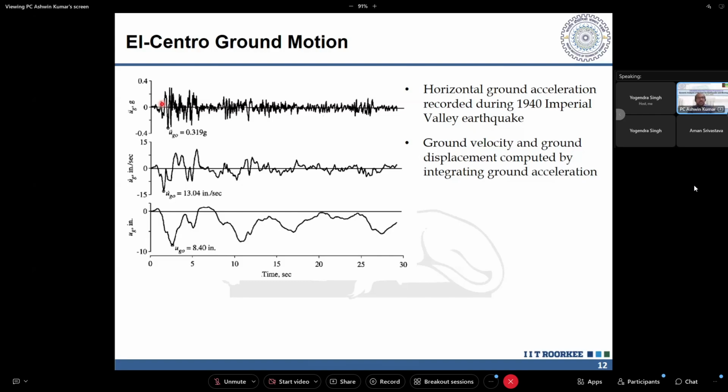This is just one of the horizontal components of the El Centro ground motion recorded at one particular station, right? For a particular earthquake, you can have multiple recording stations recording the same earthquake, but having different values. So this is one of the records, and by integration you can look at the velocity and the displacement of this particular accelerogram.